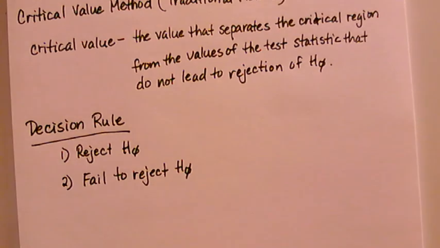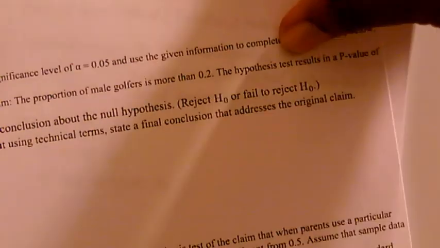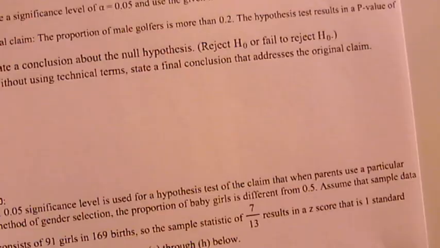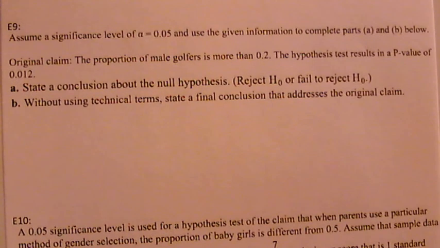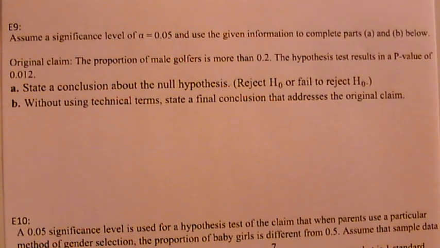Okay, now let's look at some examples of just that. Okay, in this case here, let's start by assuming that the significance level is 0.05, and we use the given information to complete parts A and B below.